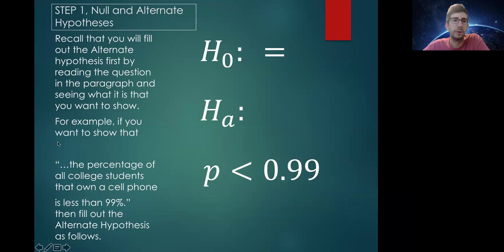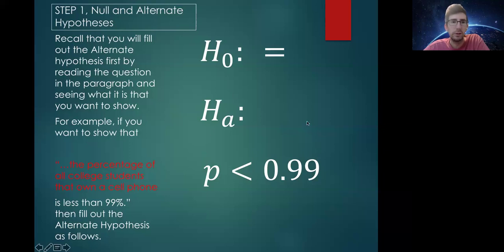So if this said, test the hypothesis that the percentage of all college students that own a cell phone is less than 99%, we've got our proportion is less than 0.99, for that 99%. So that goes into our HA, our alternate hypothesis.